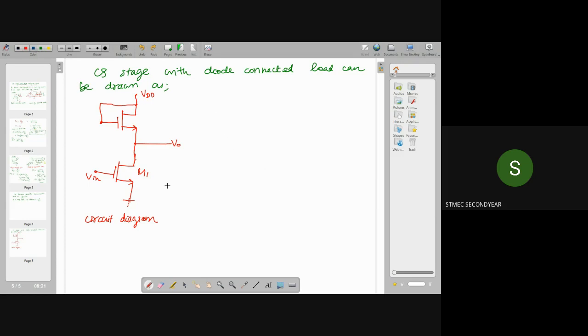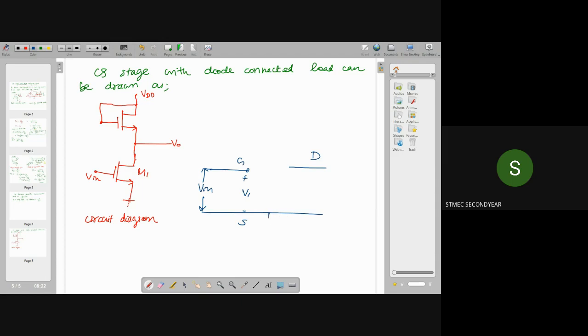configuration. For the amplifier part, that is for this NMOS, you can draw the small signal equivalent circuit as usual. That is here. This is the gate terminal, this is the source terminal, and here it is the drain. And between gate and source, you will be having VGS, or I can represent it as V1. Here between gate and source, we are applying the input signal. That is, here it is Vin.